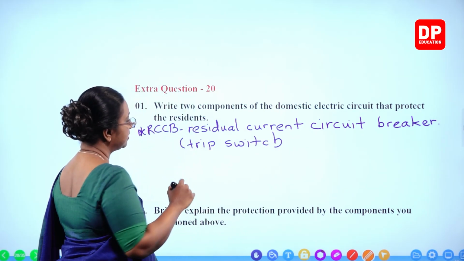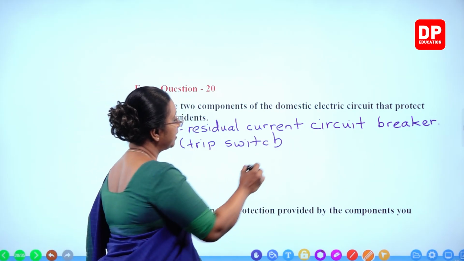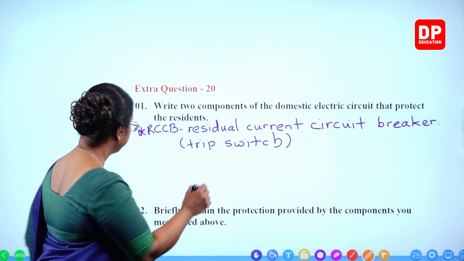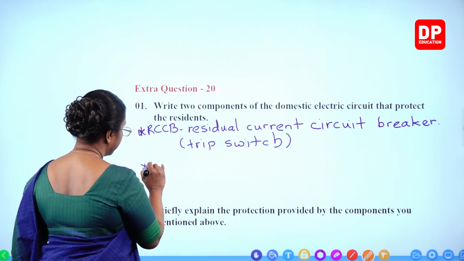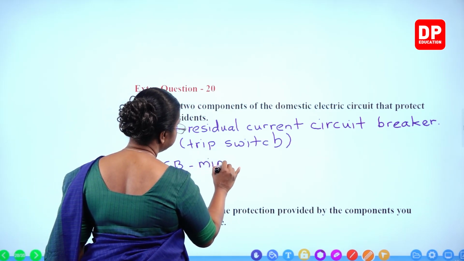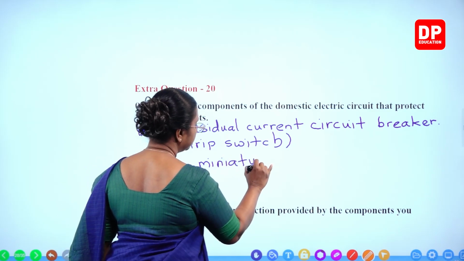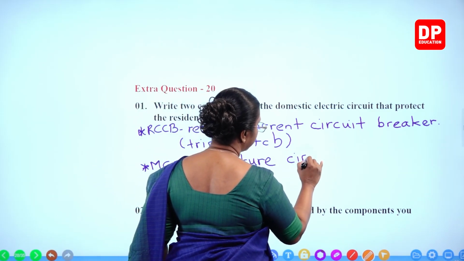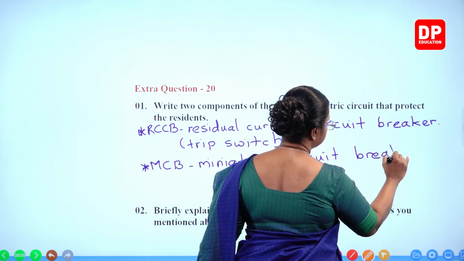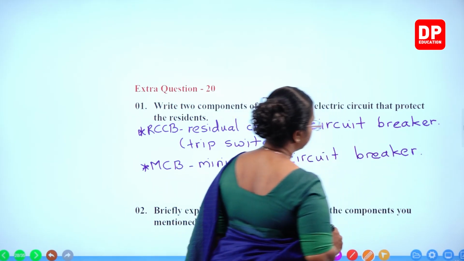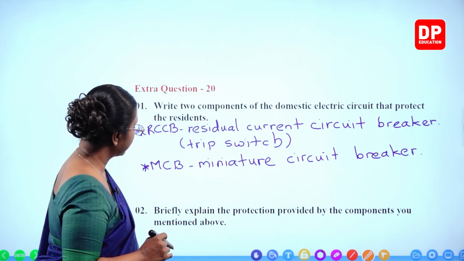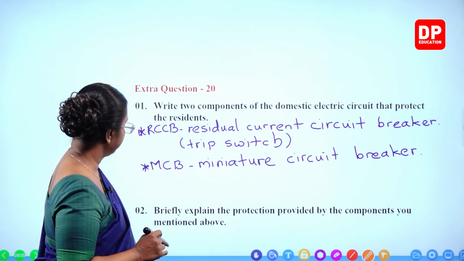You can say RCCB, or you can say trip switch, or you can even say residual current circuit breaker. Then the other one, MCB, miniature circuit breaker. That is the next one, miniature circuit breaker, MCB.